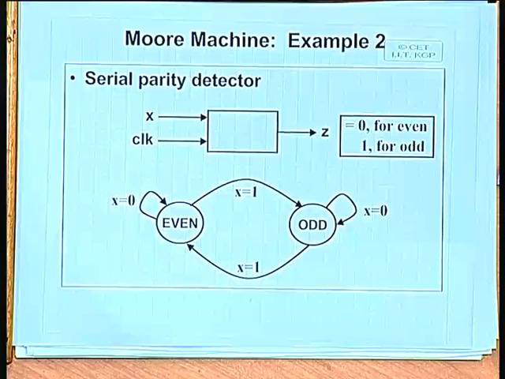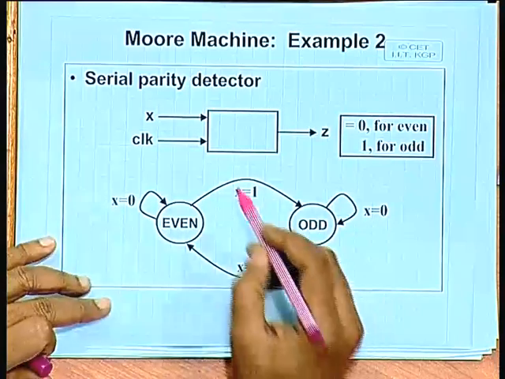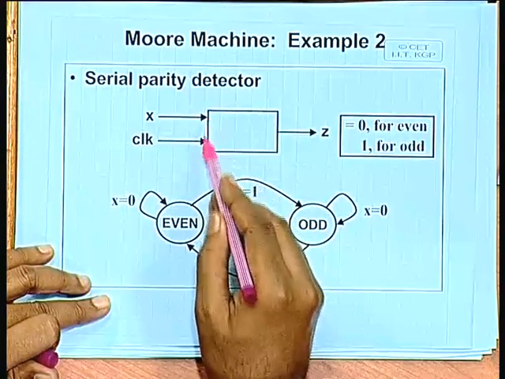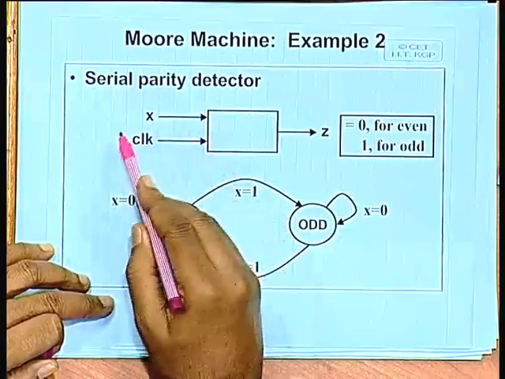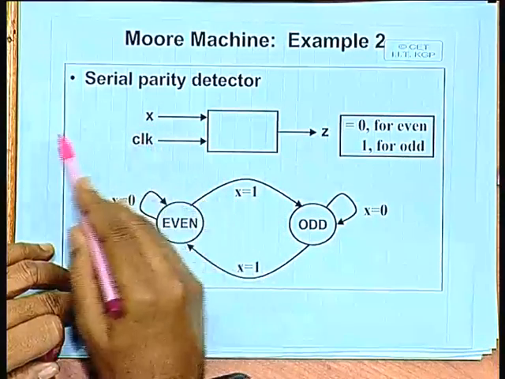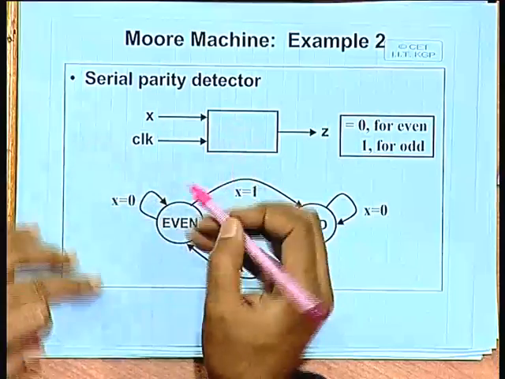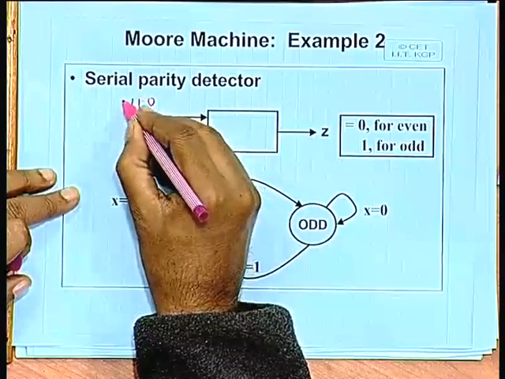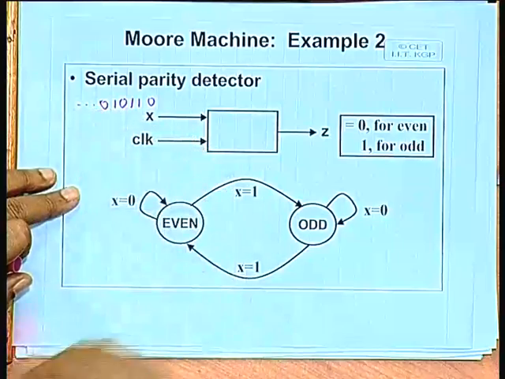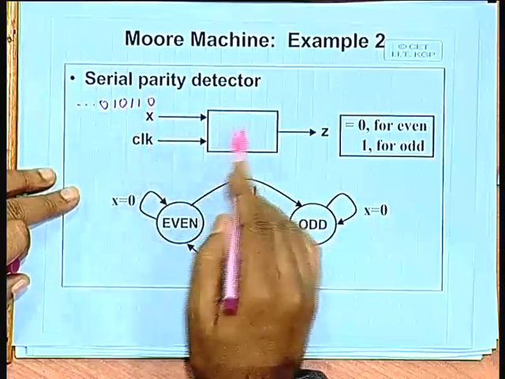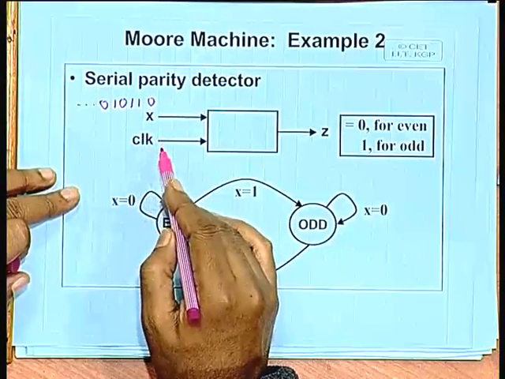So, the example we take is a serial parity detector. Here we assume that we want to design a circuit block which will be having a bit stream x. X is a stream of bits, serially it is coming in. It may be 0, 1, 1, 0, 0, 1, 0, anything, a stream of bits is coming, and they are being fed to the circuit in synchronism with the clock.